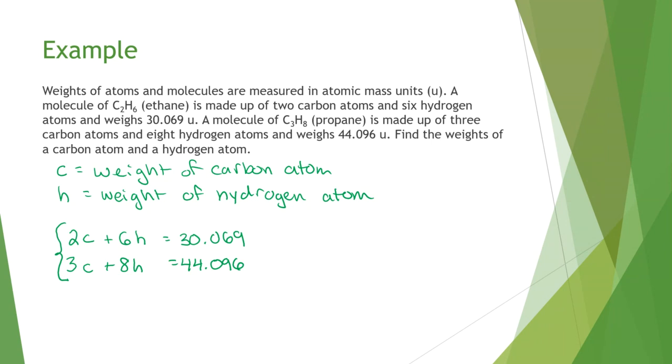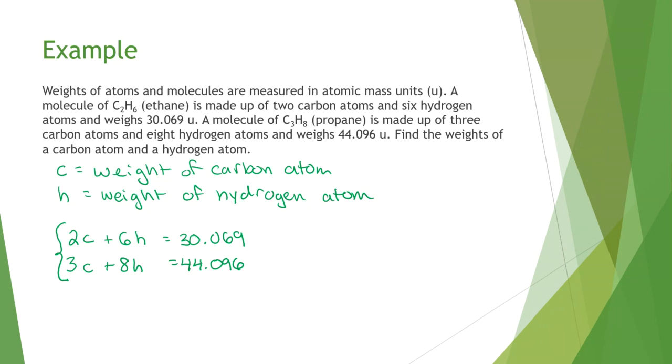So now we want to solve the system of equations. When I have my variables on the same side, I tend to solve this by elimination. Just looking at my numbers, I've got 2C and 3C. I can make the C's to be 6 and -6, fairly simple.